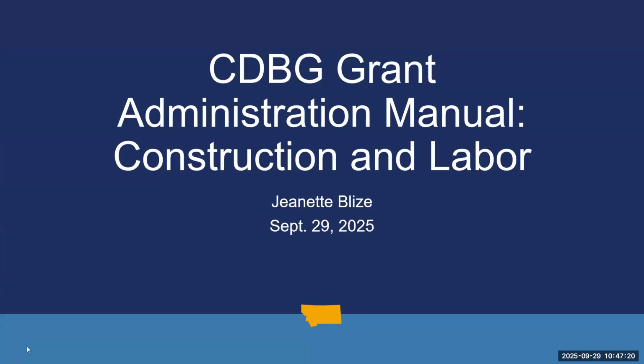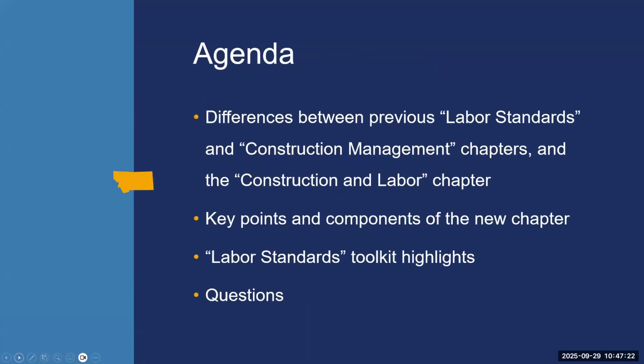Great, and we'll go ahead and move to the next slide. The purpose of this session is to provide an overview of what is included in the construction and labor chapter of our 2025 revision of the CDBG Grant Administration Manual, including significant updates in the way the information is organized compared to the previous version of the manual.